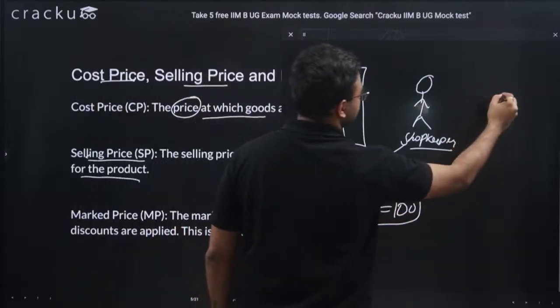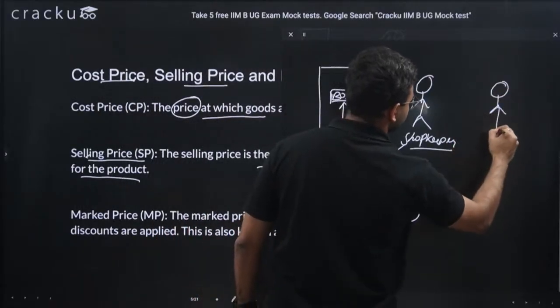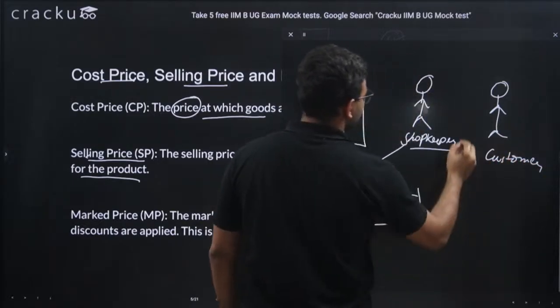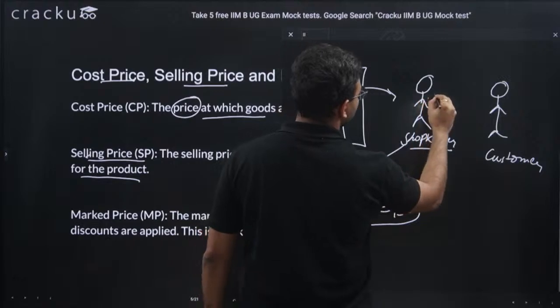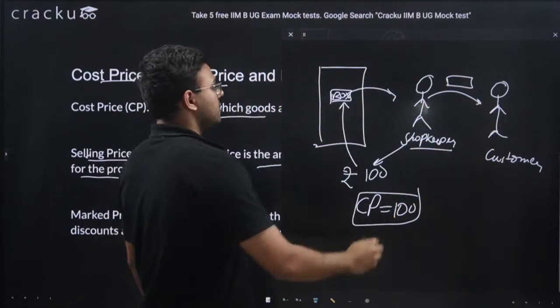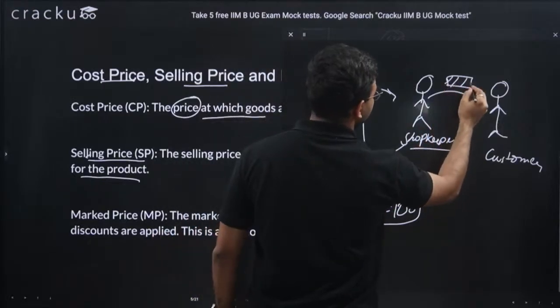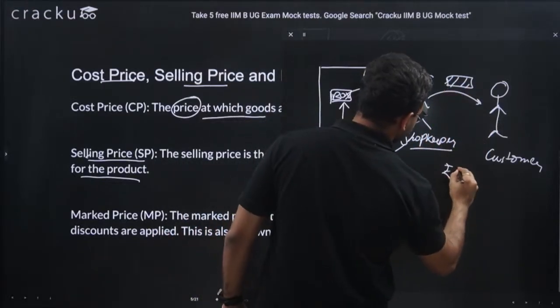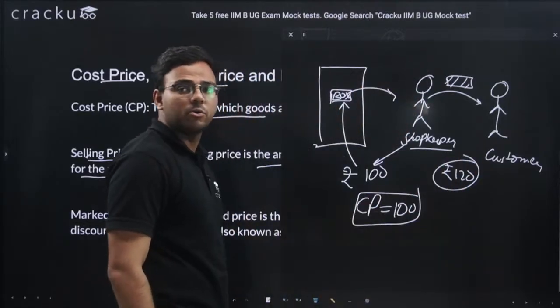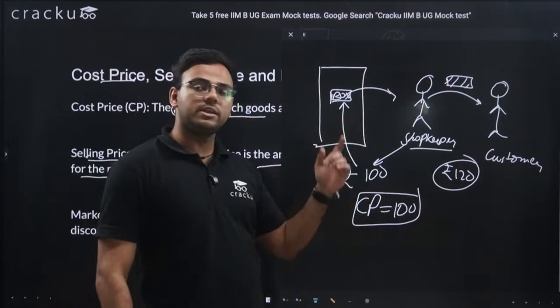Now let's say you are the customer here. I am providing this box to you at, let's say, rupees 120. Let's say I am charging rupees 120 from you so that you can get this box.